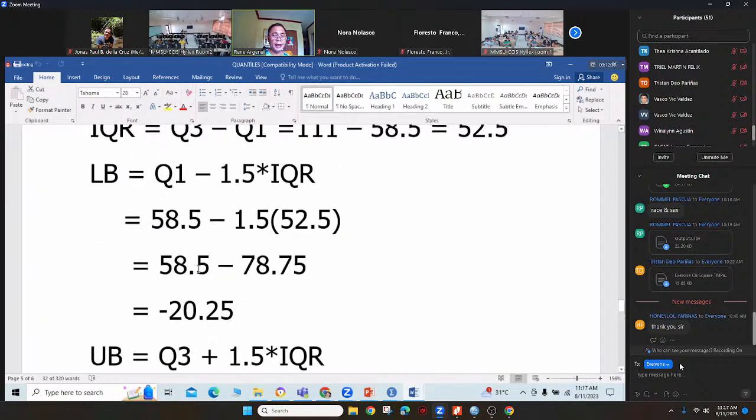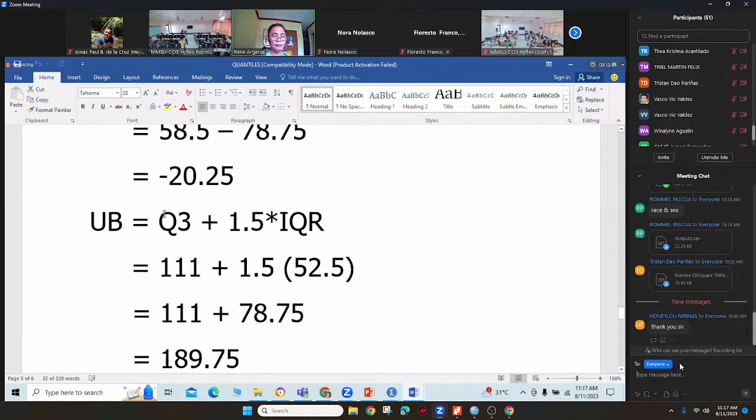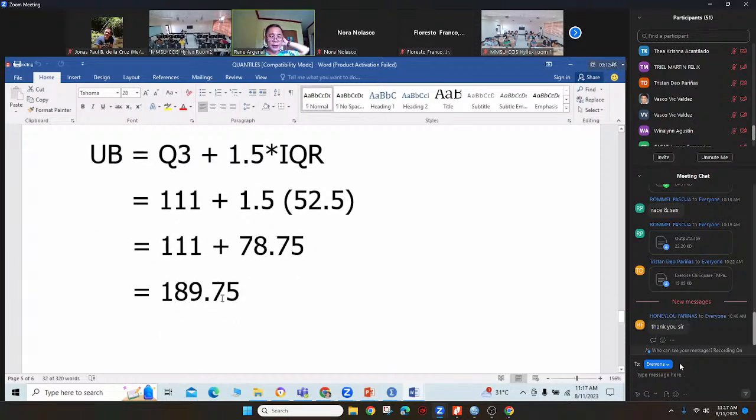And then for the upper bound, that would be Q3 plus 1.5 IQR. We substitute the values of Q3 and IQR, and we got 189.75. It means that if there is an observation greater than 189.75, we will consider that an outlier.